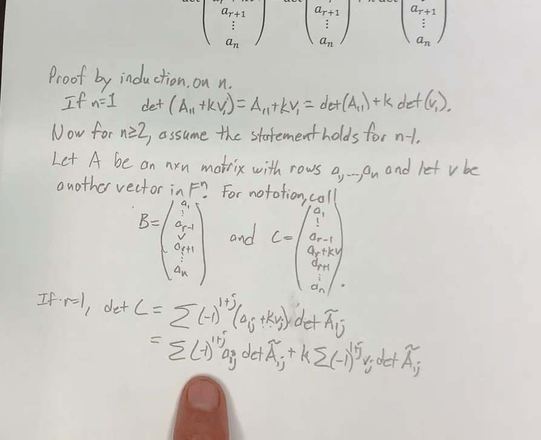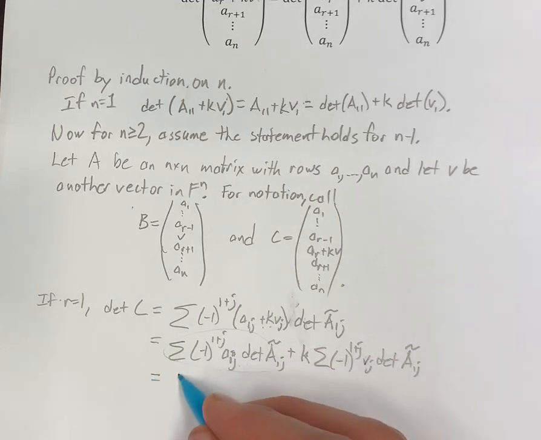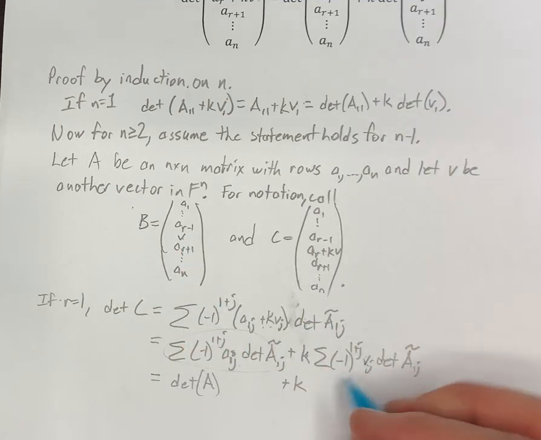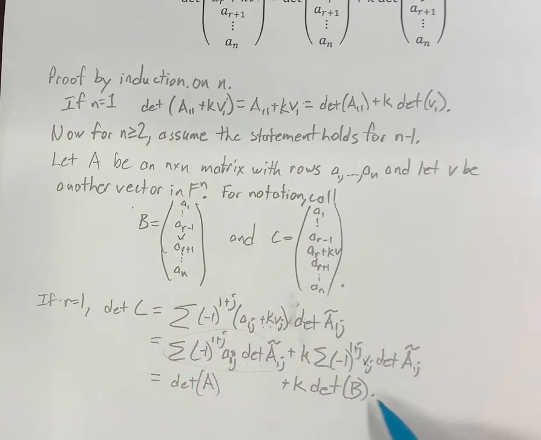So we've got that just fine. And then just think about what this is. Well, this right here is exactly the definition of the determinant of A. And this is k, and if you put the v's in there, that's just the definition of the determinant of B. So you proved it true pretty straightforwardly there. You didn't even have to borrow the induction here.